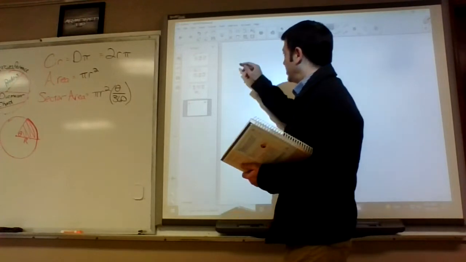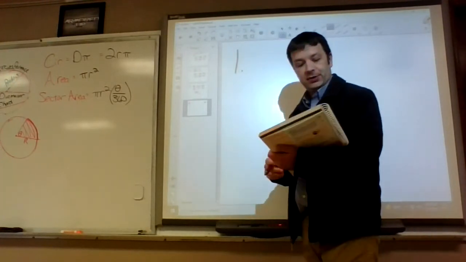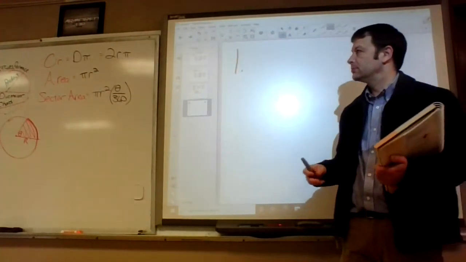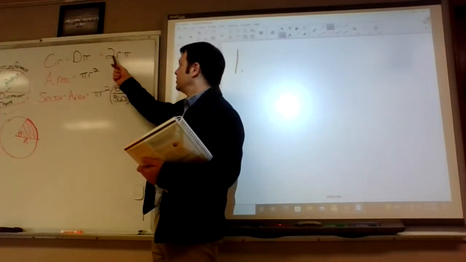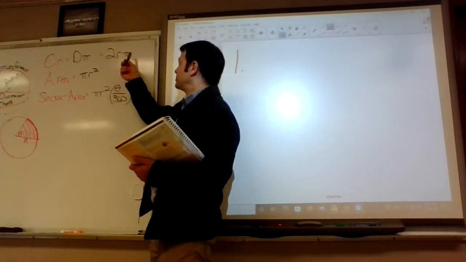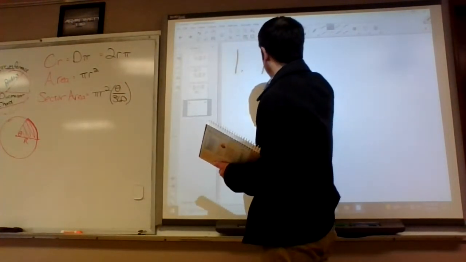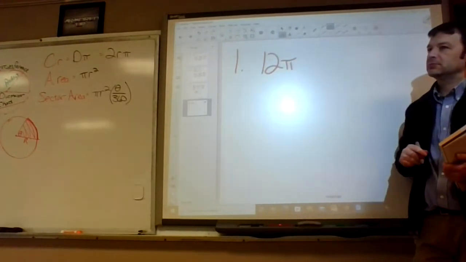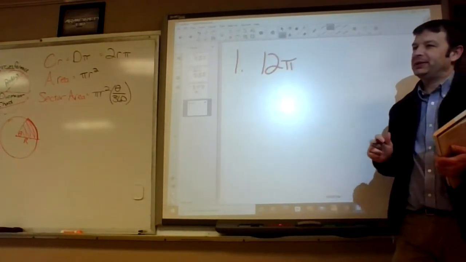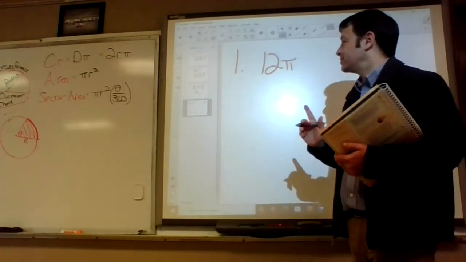On number 1, how do we find the circumference? 6 is the what? Radius. So we do 2 times 6 is 12 times pi. The circumference is 12 pi. That's the exact answer.